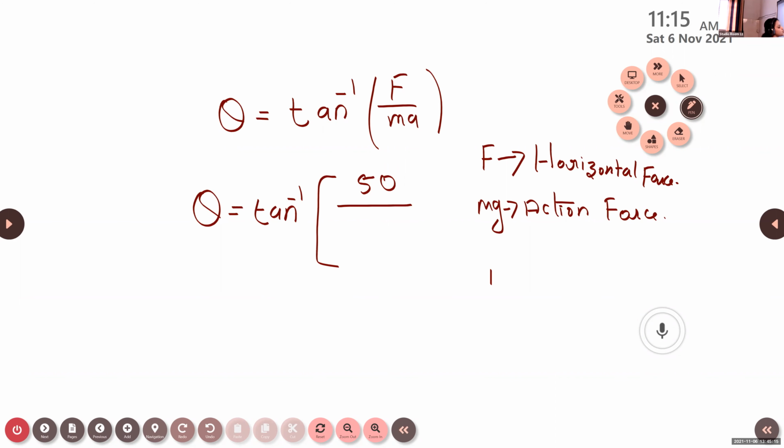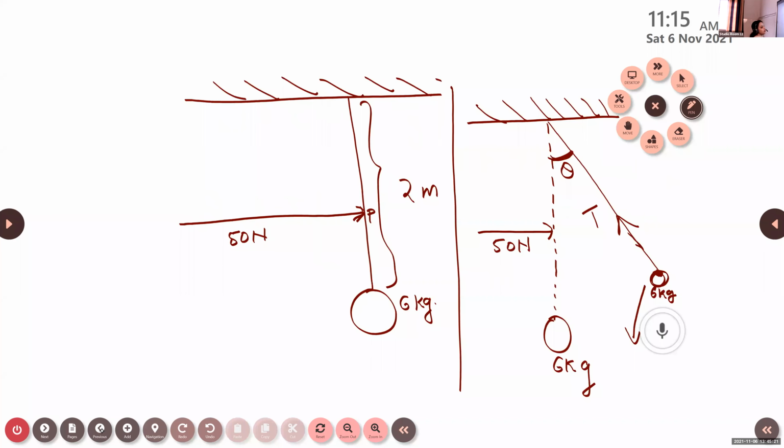Then what about mg? That is the force acting downwards. Here we have an object of mass 6 kilogram attached to the end of the rope. Then what about the force acting downwards? F is equal to mg. Mass is 6.